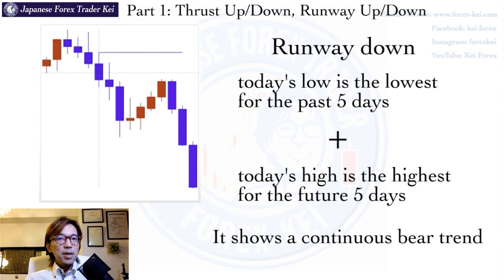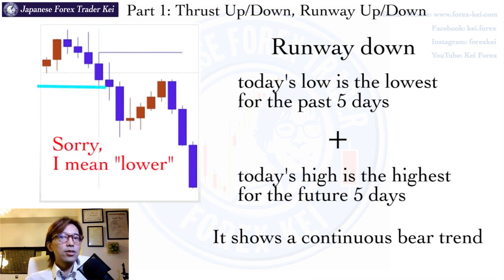Again, this may sound confusing when you just hear this sentence, but look at this candle where it shows this vertical line. The lows for the past 5 days before this candle are higher than today's candle. It's renewing the low for the past 5 days on this candle. So when you look at this candle, you know that this one might be a thrust down.